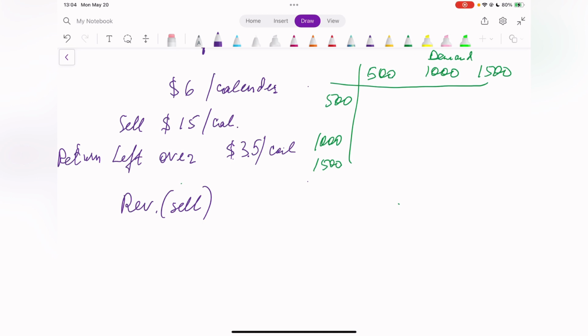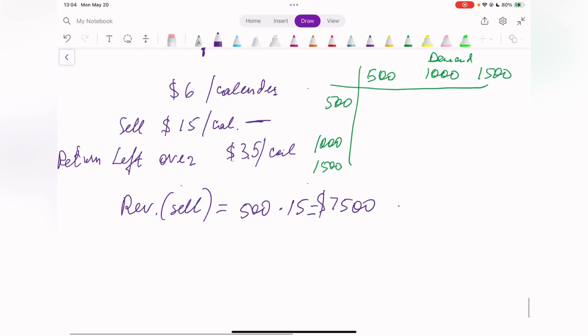It's going to be 500 times how much she's selling for, $15. 15 times 5 is 75 and two zeros, so 7,500. Leftover is going to be 0 in this case, because we have 500 and demand also 500.